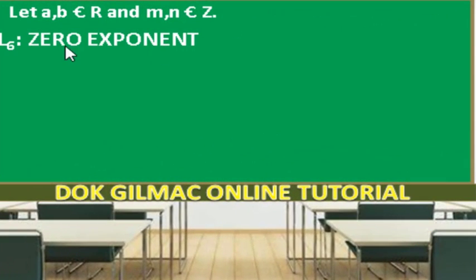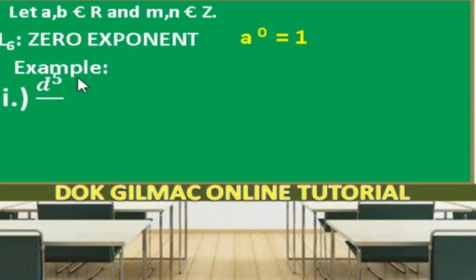Consider the zero exponent. Any number that is raised to 0 is equal to 1. That is, a raised to 0 is simply equal to 1. Consider an illustrative example. Number 1: d raised to 5 over d raised to 5 is simply equal to d raised to 5 minus 5, which is equal to d raised to 0.